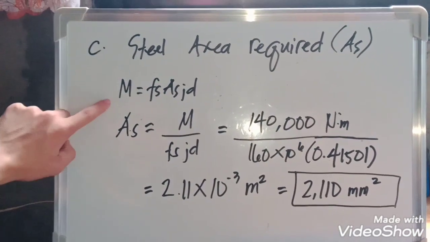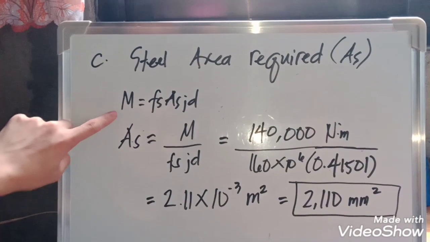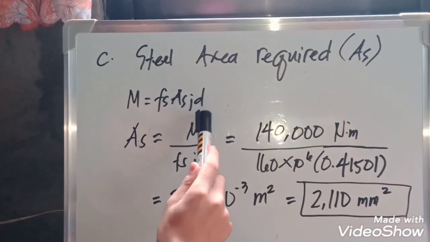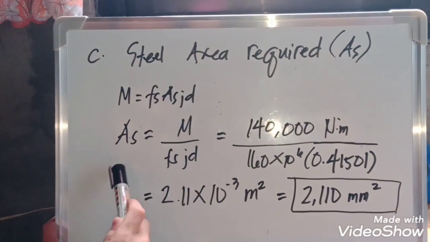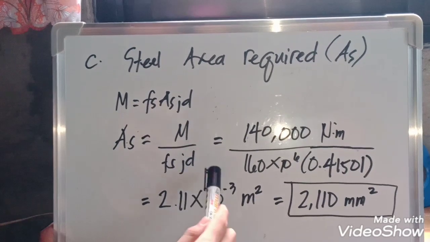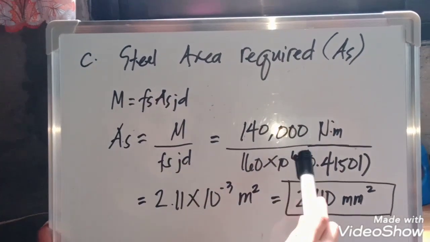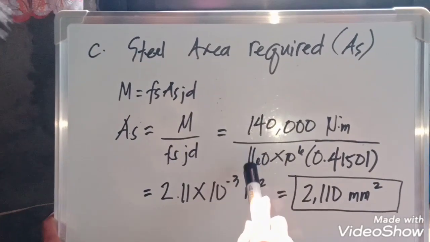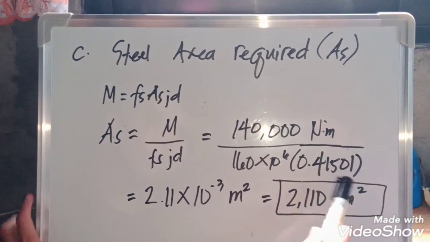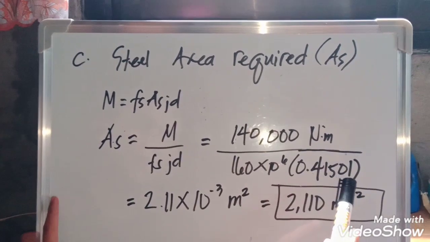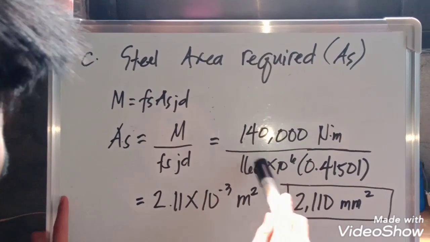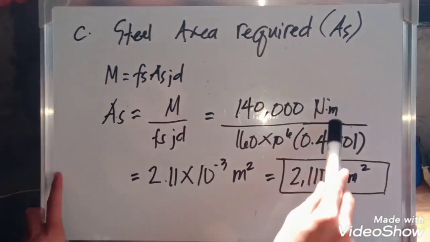We can use this formula, which is another formula of bending moment, equal to Fs times As times JD, and we can derive it in terms of As, which is equal to the bending moment over Fs times JD, equal to 140,000 Newton meter over our Fs, 160 times 10 to the power of 6, times 0.41501, which is our JD, which we converted into meter because our unit of 140 and 160 is also meter.